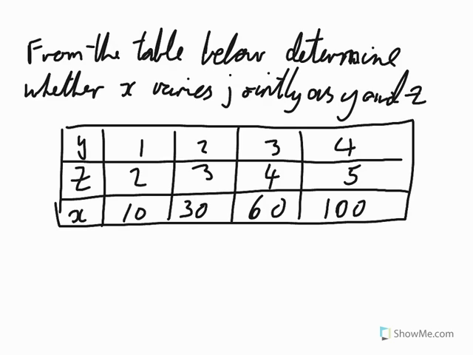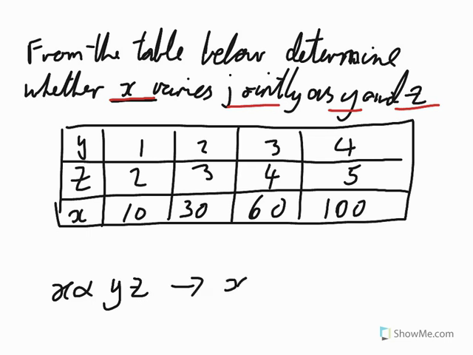Let's have a look at the following example. We've got to look at it's x that's varying. So x is varying jointly with y and z. If x is varying, it's x is proportional, and if it's jointly with y and z, it looks like that.